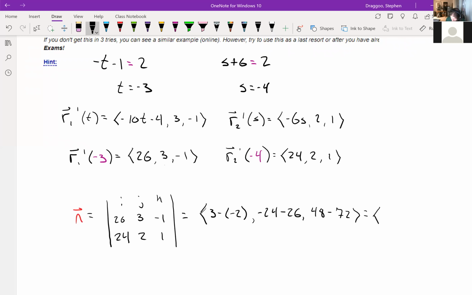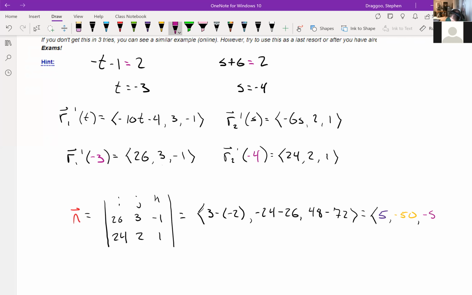Upon simplification, I got 5. And then I got negative 50. And then I've got negative 28. Negative 28, though, which means 2 comes before 8, if you're writing it out.